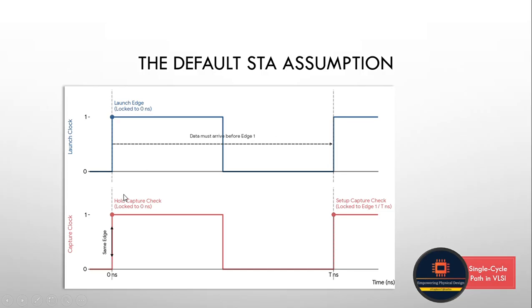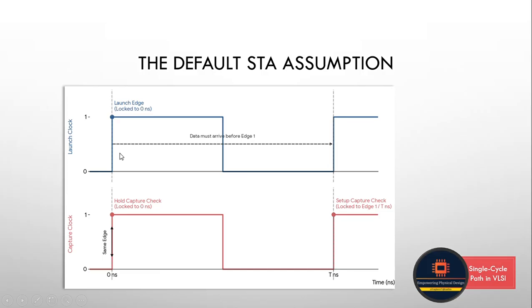Now look at the bottom line. This is the place where the tool will consider two checks. When we are planning to capture the data, there are basically two checks. We all know that, one is the setup check, another is the hold check. Now for the setup check, follow this long arrow. What does it mean?